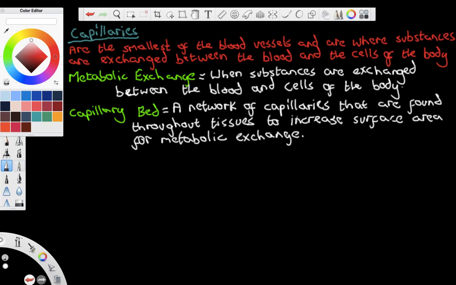You don't find a single capillary. They're split up into millions of capillaries known as a capillary bed.